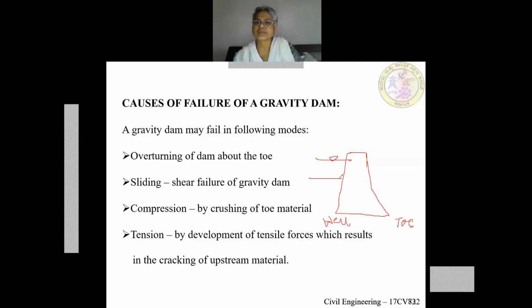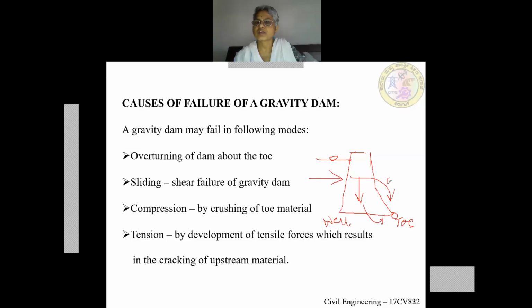All the pressures, that is the water pressure, the silt pressure, and all the other horizontal forces, earthquake forces, will be acting in the horizontal direction, whereas weight will be acting in the downward direction. If you take moment about the toe, the horizontal forces will produce a clockwise moment, whereas this vertical force will produce an anti-clockwise moment.